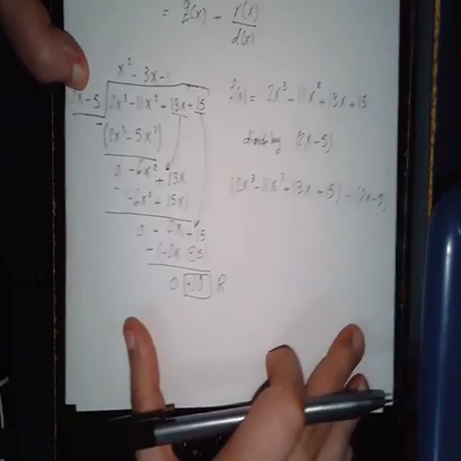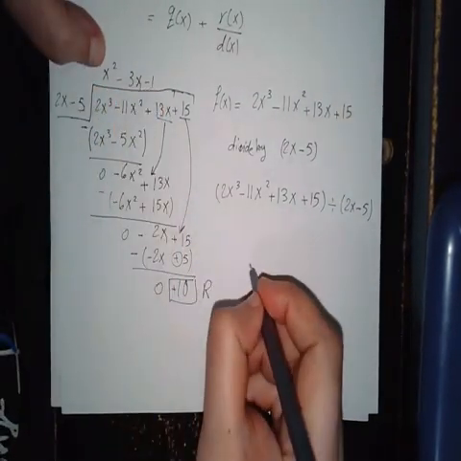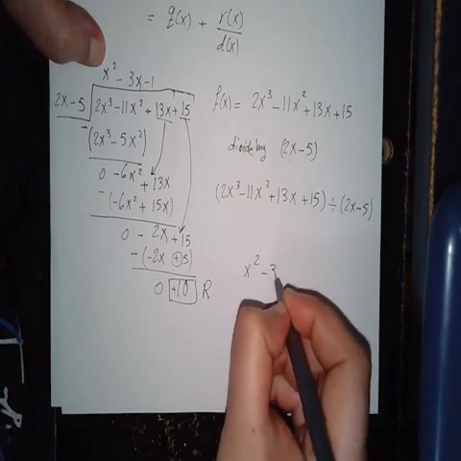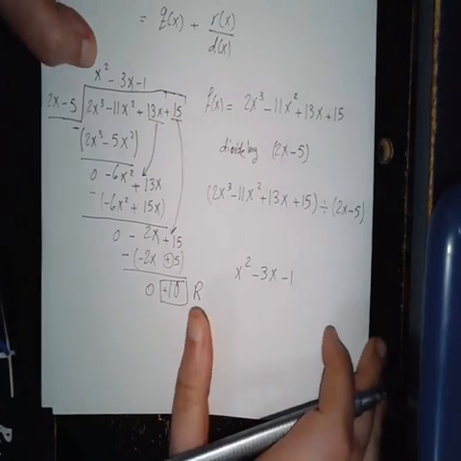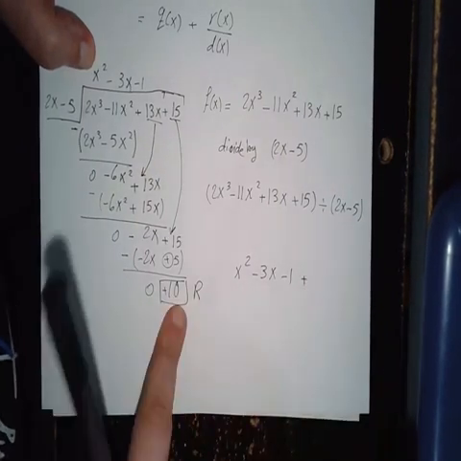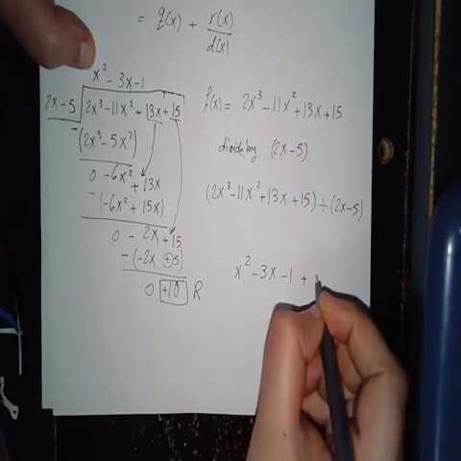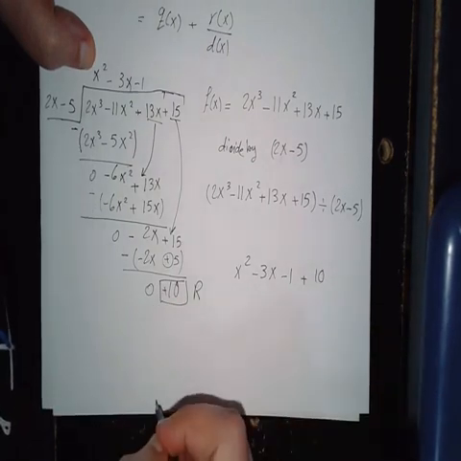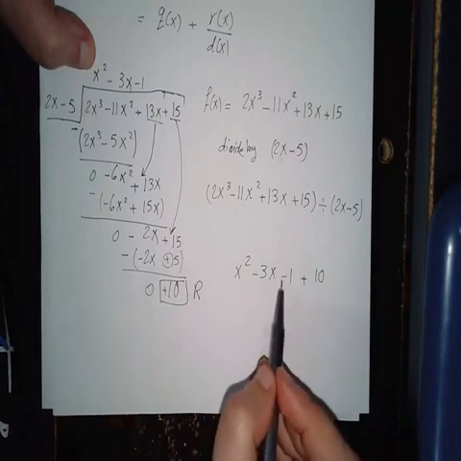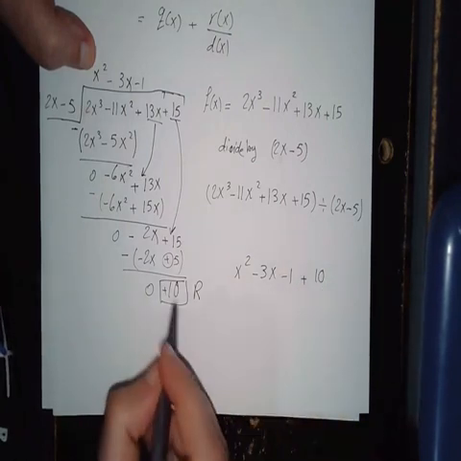So your final answer is going to be this right here. The x squared minus 3x minus 1. But you can't stop there. You have to add the remainder, otherwise you're neglecting that part of the equation. So you have to add the 10. But if I do it like this, what's the difference between this 1 and that, right? The difference is that this 10 is still to be divided.